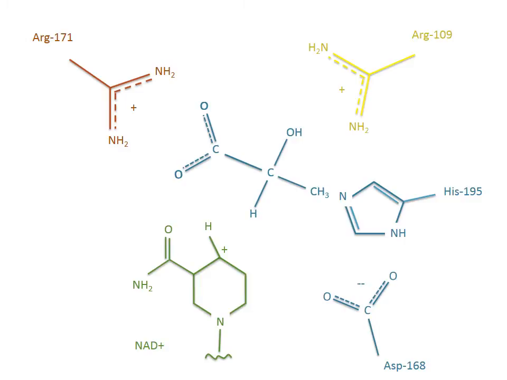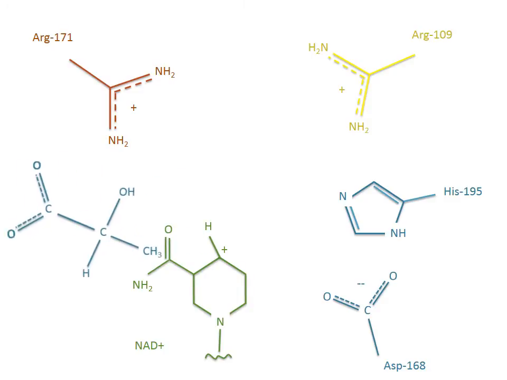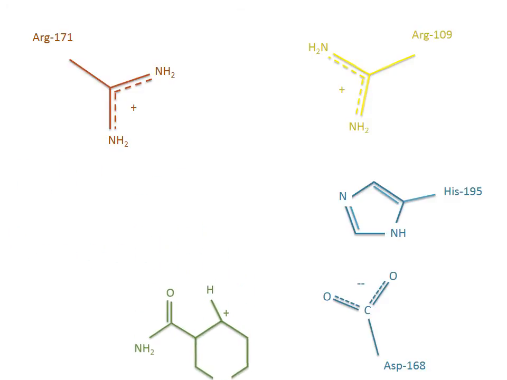Because this is a sequential reaction, lactate has to dissociate first. Then the NAD plus can dissociate, and finally this histidine 195 is reprotonated by the extra proton we created during glycolysis.